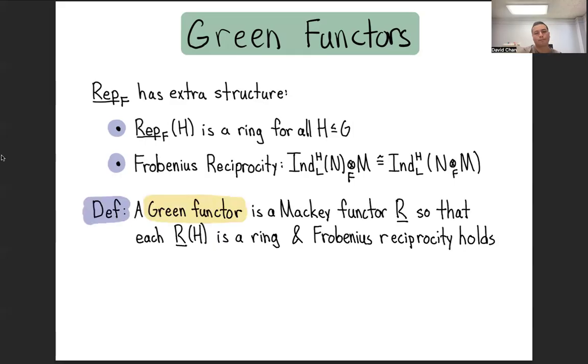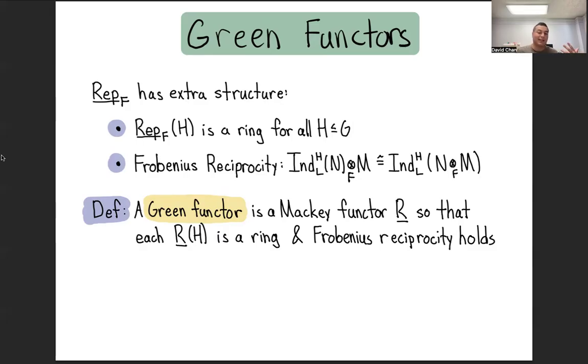So this is some interesting interaction between the transfer structure on the Mackey functor and the ring structure at every level. So the definition of a Green functor is just, well, this should work: you take a Mackey functor, which is a ring at every level, and Frobenius reciprocity holds. This is not everything. You also need to require the restriction as a ring map. The transfer is additive still, but that's essentially it. So if you ask yourself what a Green functor is supposed to be, there's two things you should think. The first is that it's basically like a ring structure on a Mackey functor.